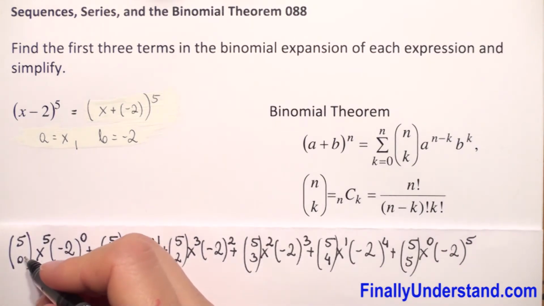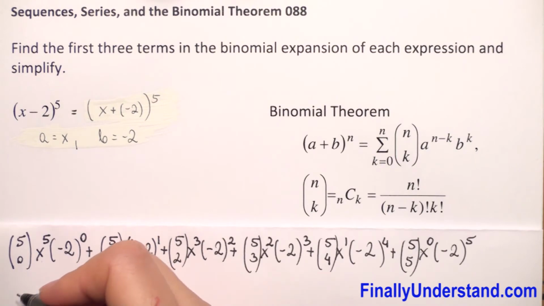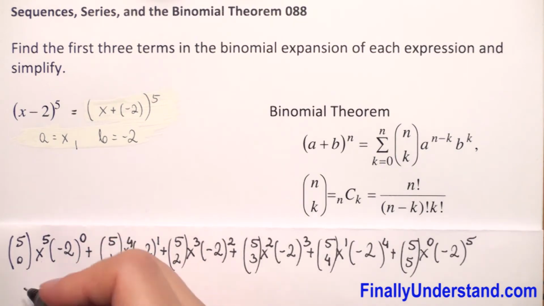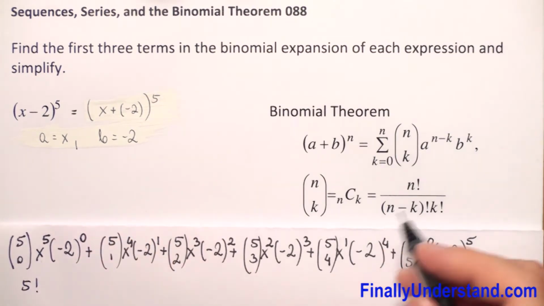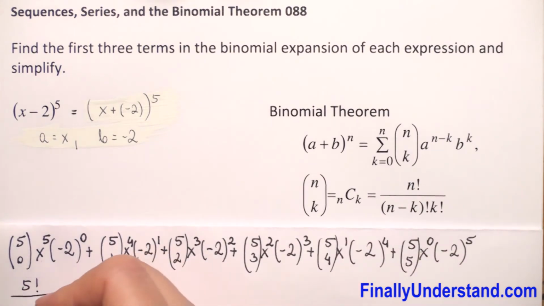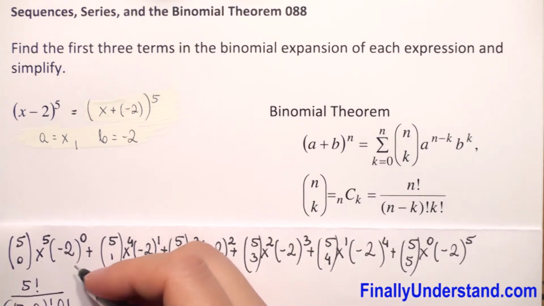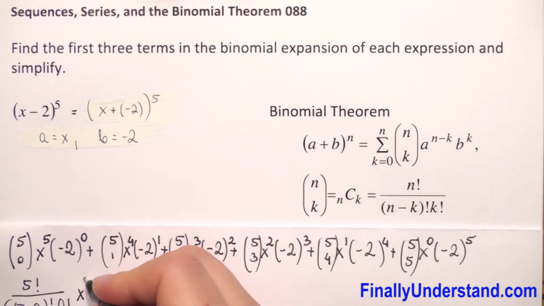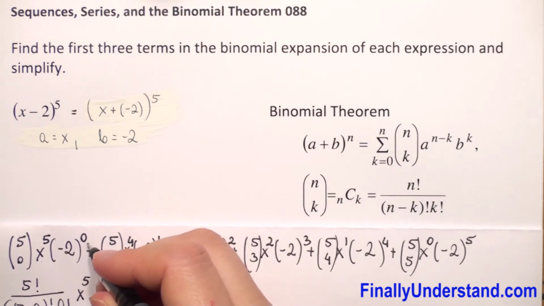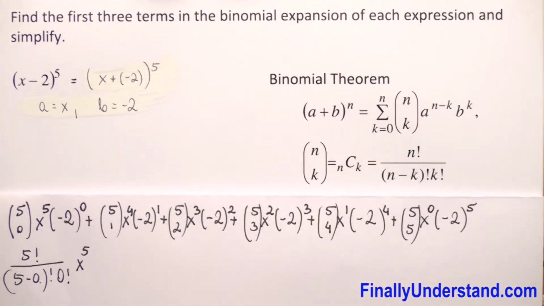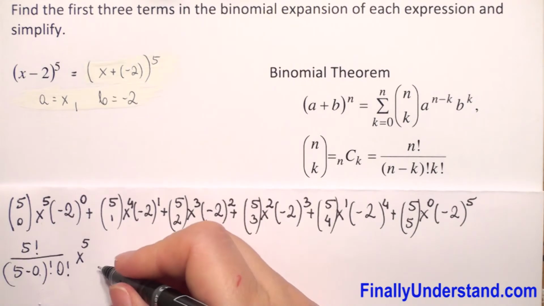So we have 5 choose 0, so this is 5 factorial over (5 minus 0) factorial times 0 factorial. And we have x to the 5th power, negative 2 to the 0 power, so this is 1, we don't have to write it.